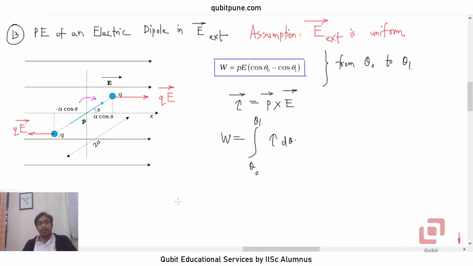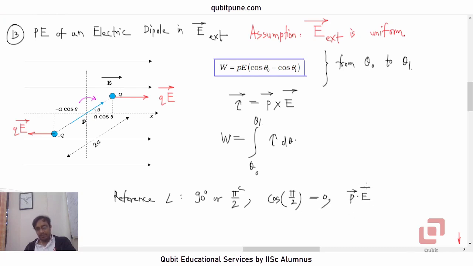Now this work done is stored in the form of electric potential energy, but as I said, we are always interested in the change in the potential energy. So what is the reference angle that we choose? The reference angle that we choose is 90 degrees or pi by 2 radians. And here, because cos pi by 2 is 0, P dot E will be 0 or negative P dot E. So it turns out 0.